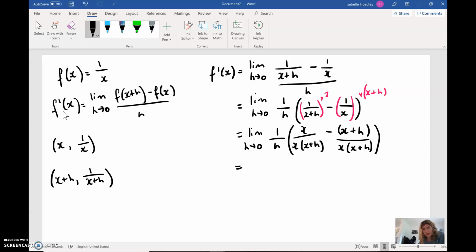Right, now from here we can combine these. So we're looking at our limit as h approaches 0, 1 over h. Now we're going to have here x minus x, but then we're also taking minus h, and that's really important that we get that right. It's minus that x and we're minusing the h over x bracket x plus h.